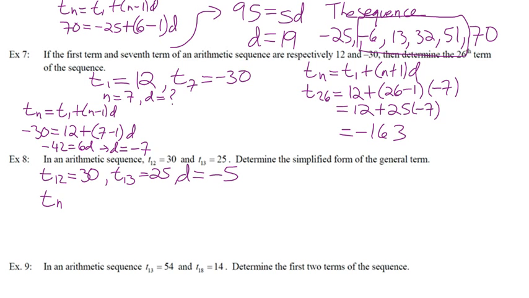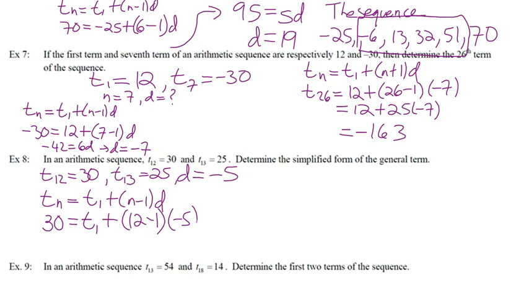So if I write down Tn is equal to T1 plus n minus 1 times D, what may I then choose to fill in there? 30 equals T1 plus 12 minus 1 times negative 5. That's what you meant to say, right? Process.